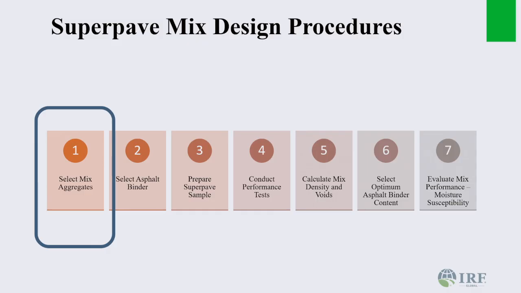So, in principle, let's say that the design process, we are looking at 7 stages, if we are dealing with the Superpave mix design procedure. And I want to put it once again in context. Here, we are dealing with only the mix design of the asphalt.